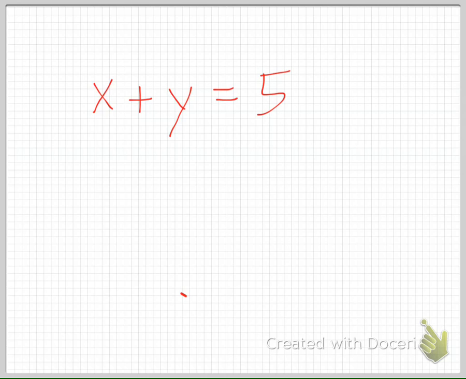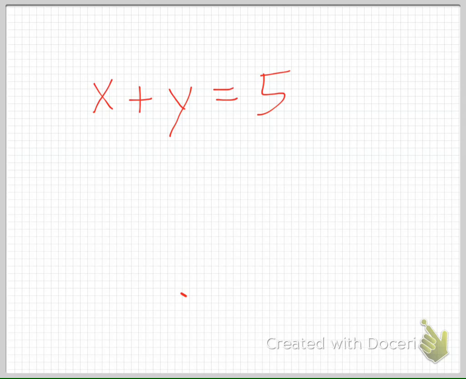All right, this is a very, very simple linear equation. Let's think of what some solutions are. We could have 2 plus 3 equals 5, right? That's a solution. So x could be 2 and y could be 3. Or I could have x be 3 and y be 2. Or I could have 1 plus 4 or 4 plus 1. You could have 0 plus 5 or 5 plus 0.